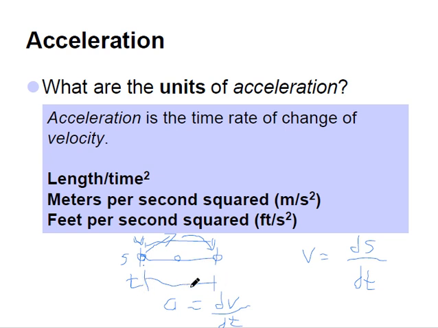There can be many intervals in there, and your position is not only one change, but it can be multiple changes. So you could go up and down, constant velocity, go down again, go up again, like that. So anyway, the change of velocity over the change of time is your acceleration.